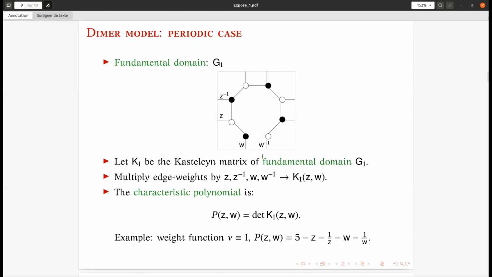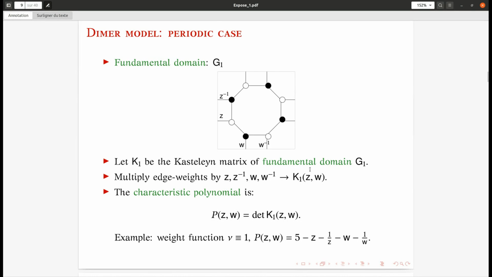So this now gives you a matrix which also depends on z and w. Okay, so let me repeat, it's the same Kasteleyn matrix as I defined before with the weight function and the phases, and it has additional weights z and w.